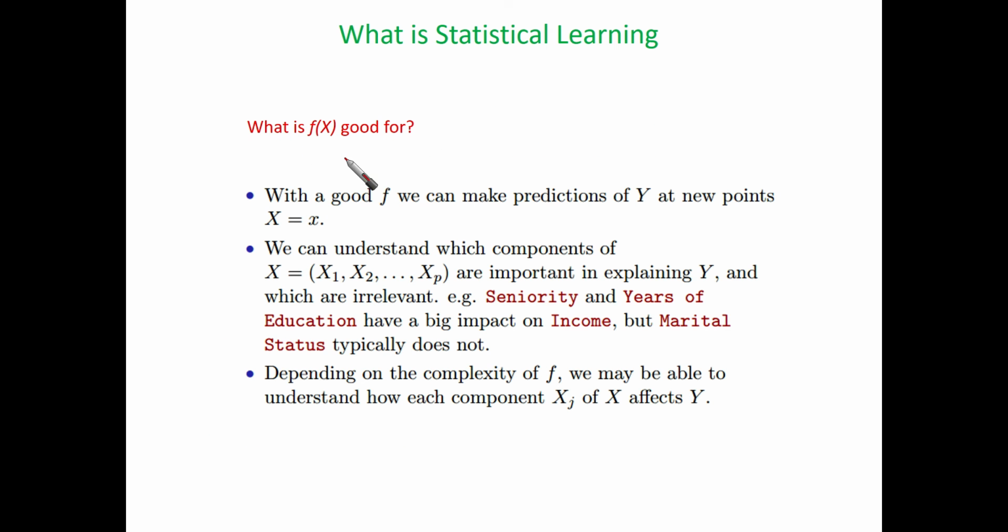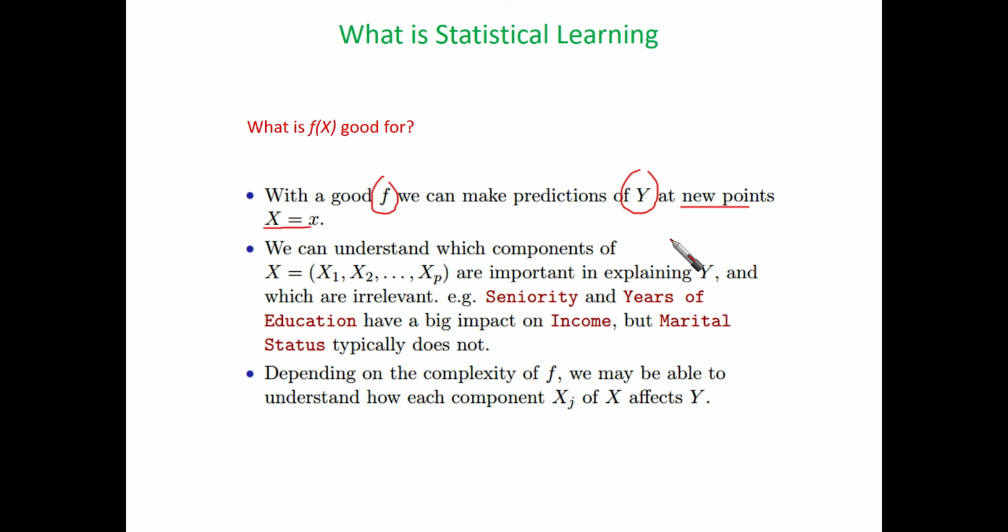So now the question comes: what can we do with this f? First of all, at any new point, let's say at a particular new value x equal x, we can actually predict the value of y, because we know the relationship.